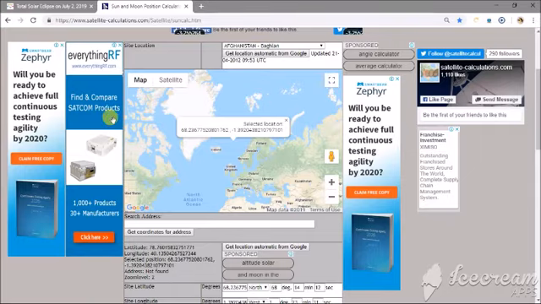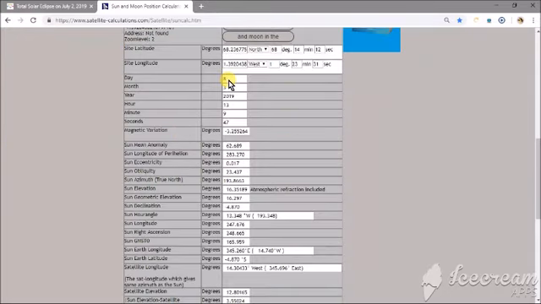So we'll put the date and the time: the day, 2nd of July, 19 hours 23. And right here is the sun declination angle.